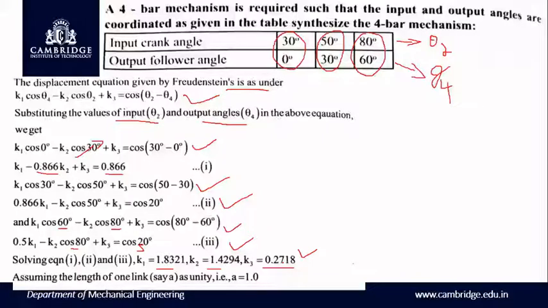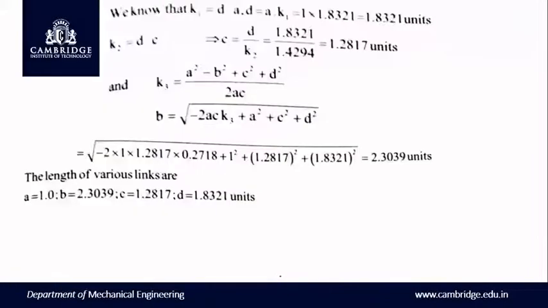Let us assume one link length as unity. Let us take the length of A is equal to 1. We know the k1 formula is given by d by A. So we have assumed A is equal to 1 so that we can calculate the k1 value and d value.